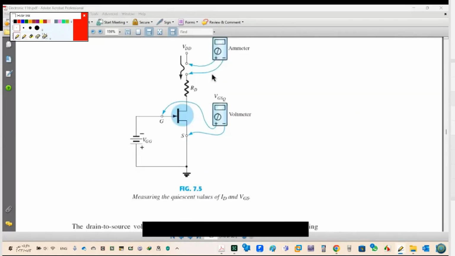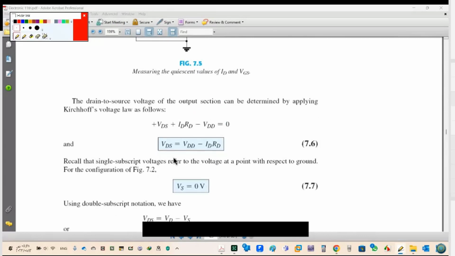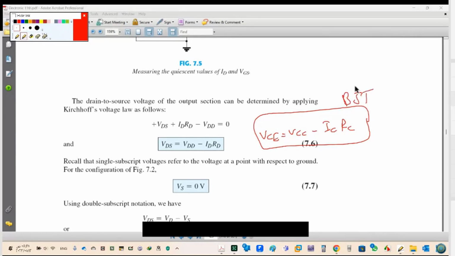After that, you can calculate the output VDS equals VDD minus ID RD. VDS here, if you remember, is like VCE, and we said VCE equals VCC minus IC RC. So it's like BJT. Got it?